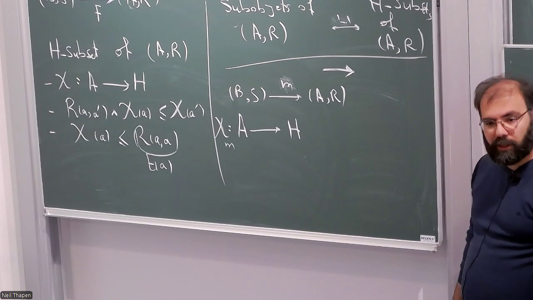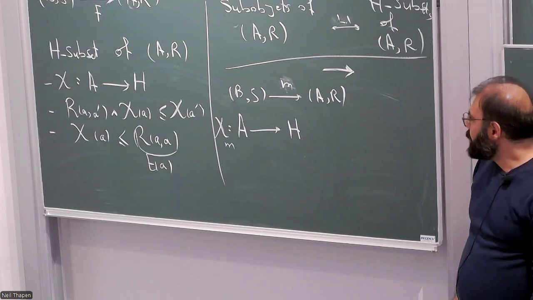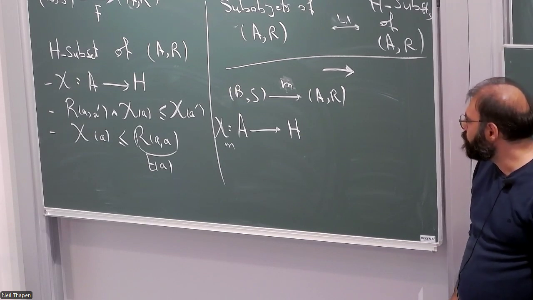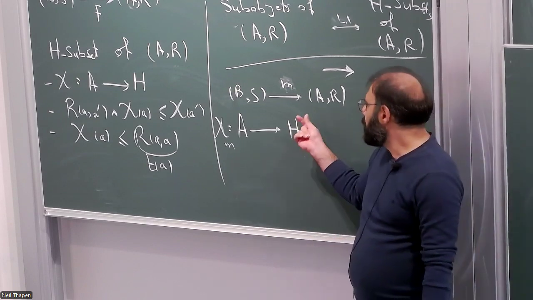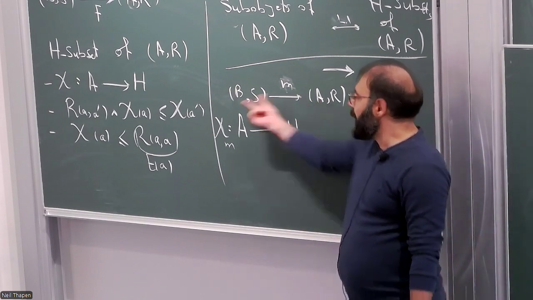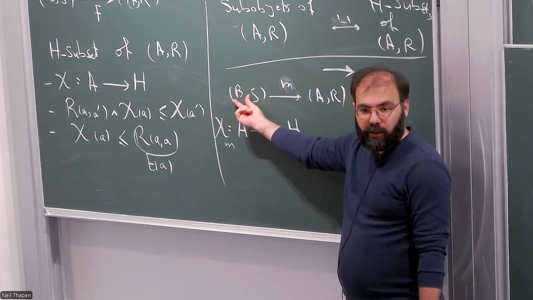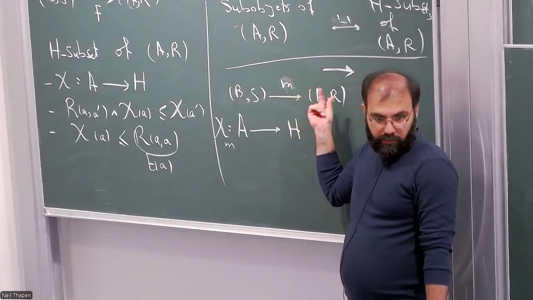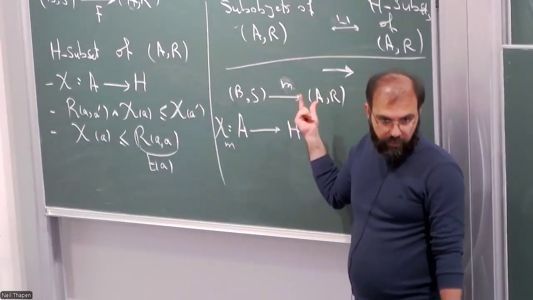The usual set theoretical idea is that if you are in the image of B under M, then that's fine. Otherwise, it's not.